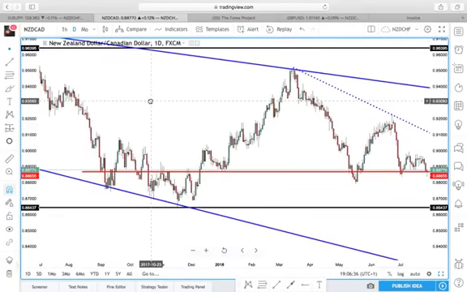So next thing I'll do is move down to the 4 hour. We see we're having a decent pullback right now, so we would mark all of our price action now.